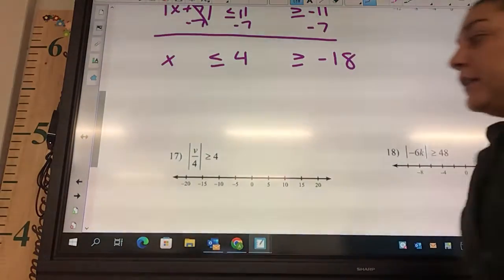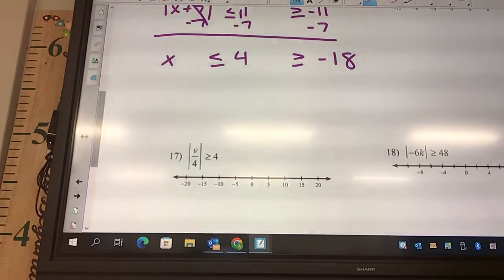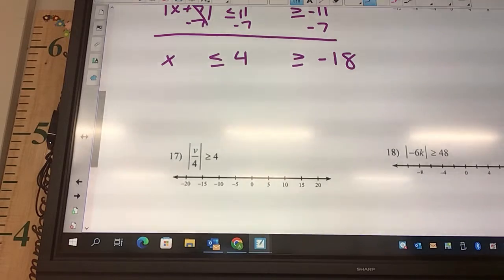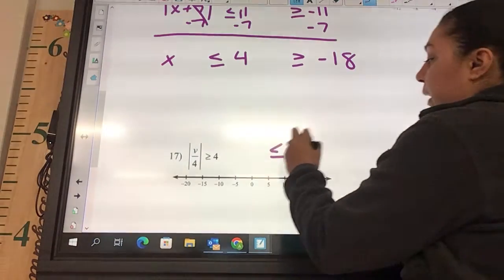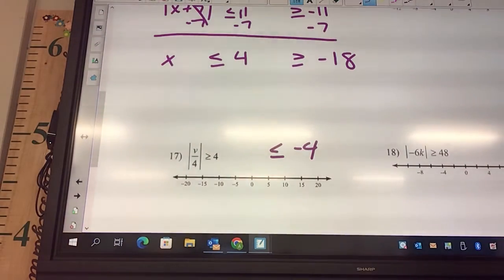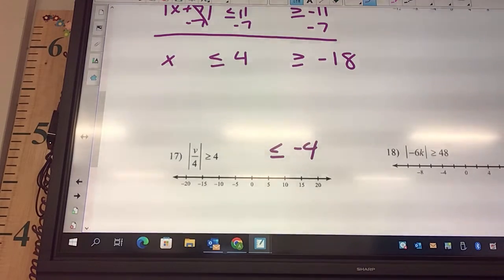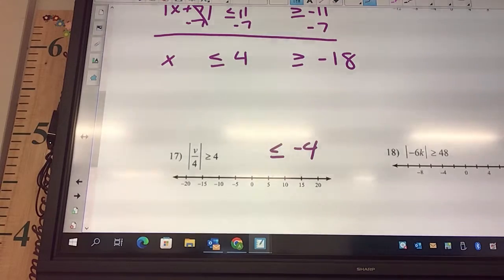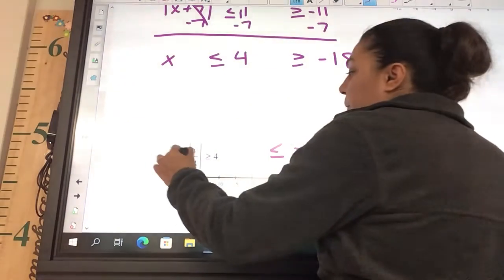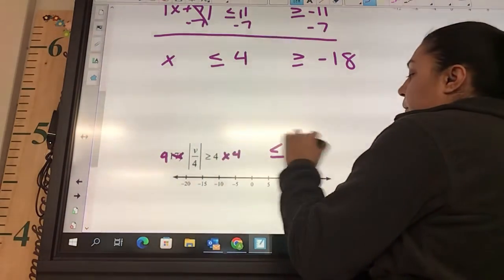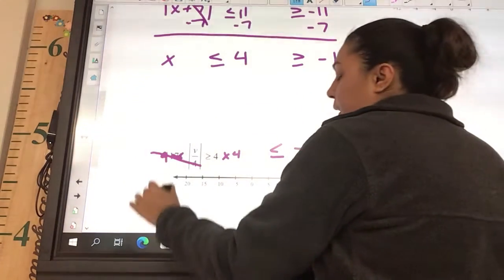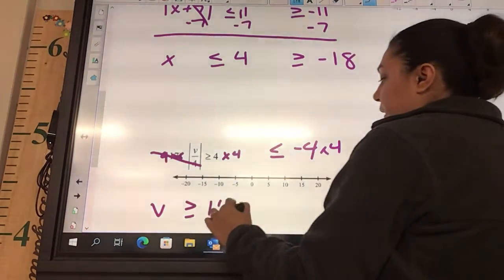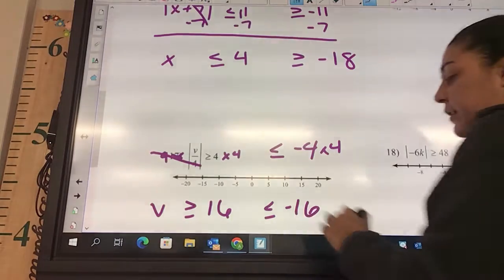Okay, 17. Are the bars all by themselves? Yes, so we can flip it and make it a negative. Okay, and then what needs done? Times 4. Okay, so I'm going to get B, 16, and negative 16.